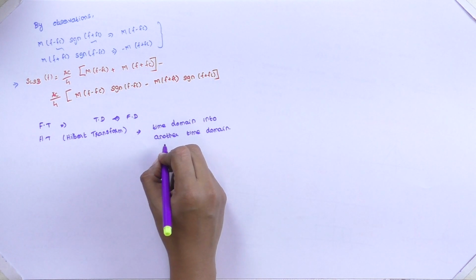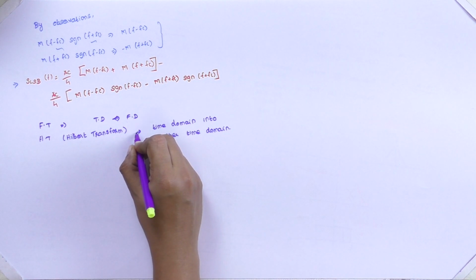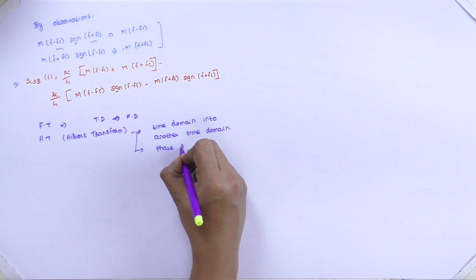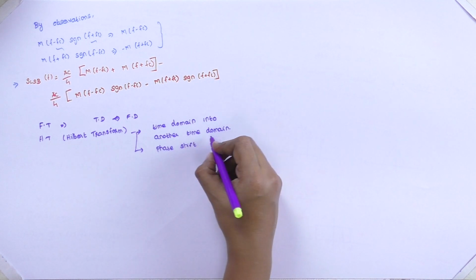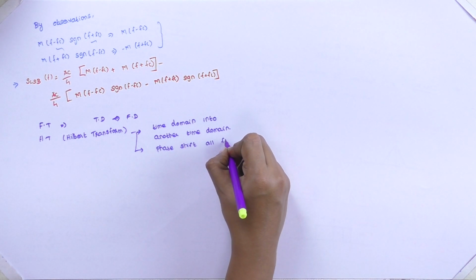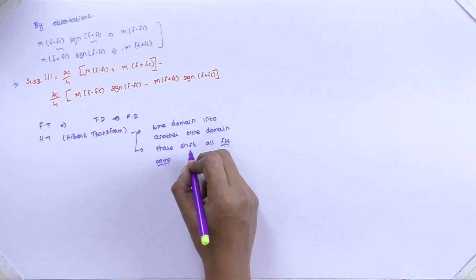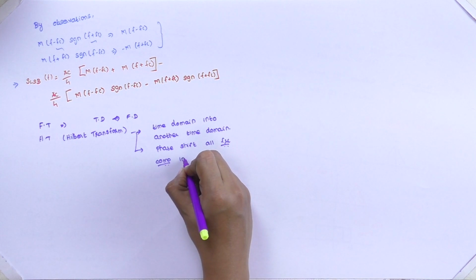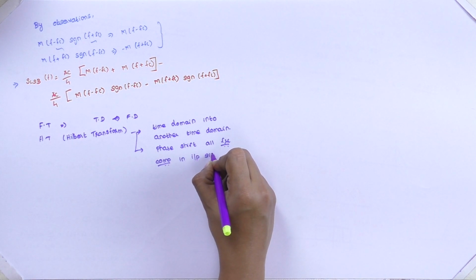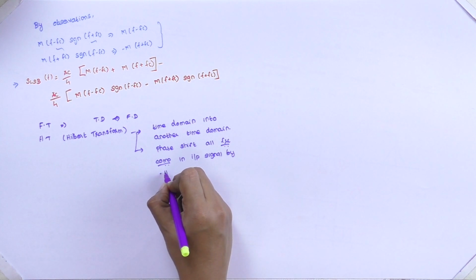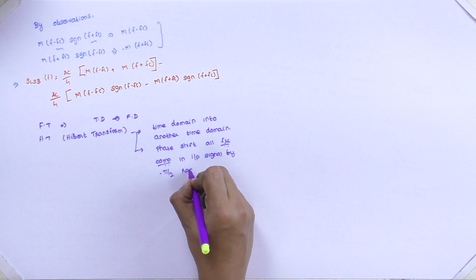It phase shifts all the frequency components. What the Hilbert transform will do is phase shift all the frequency components in the input signal by minus pi by 2 radians.